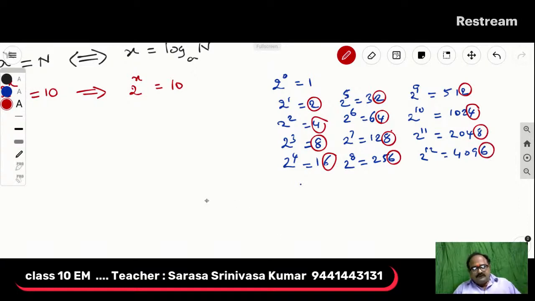So, 2 to the power of n ends with these digits if n is greater than 0.